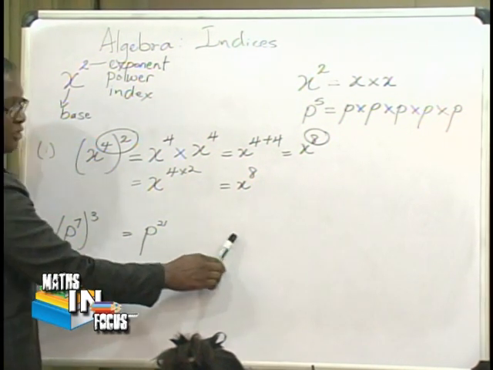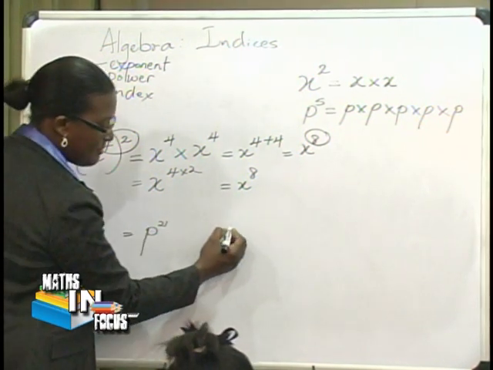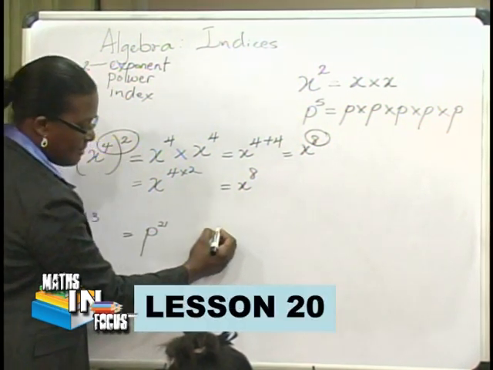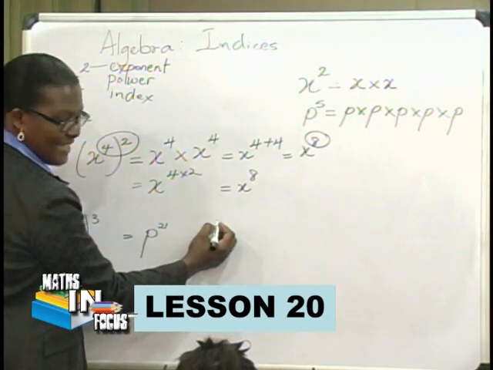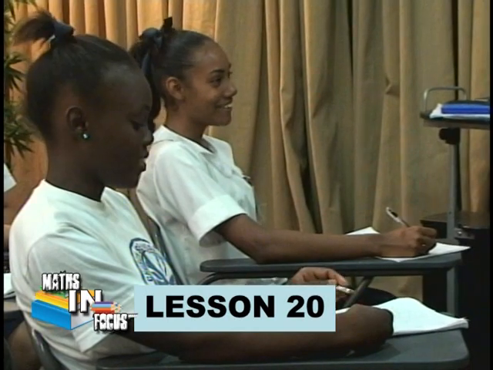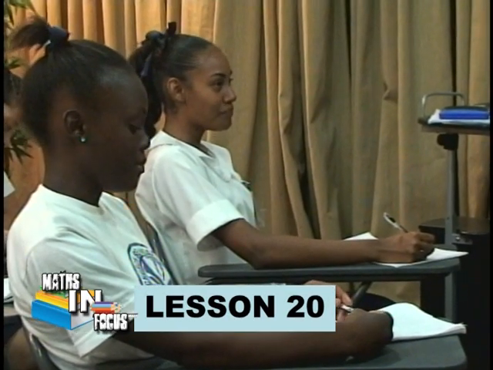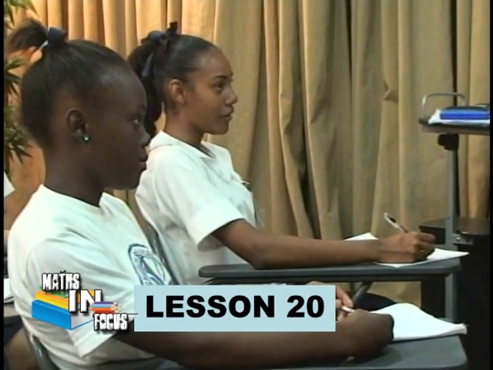Ria, what did you get as your fourth rule? Yes, let's go. X to the m power, raised to the n power, which is equal to x to the m multiplied by n, or we can say mn.